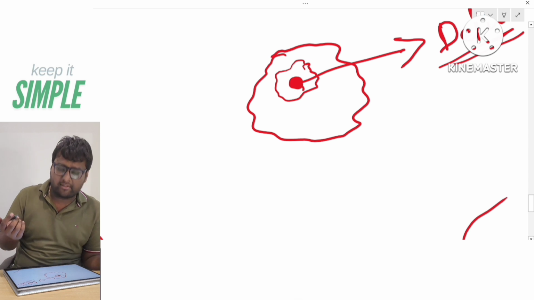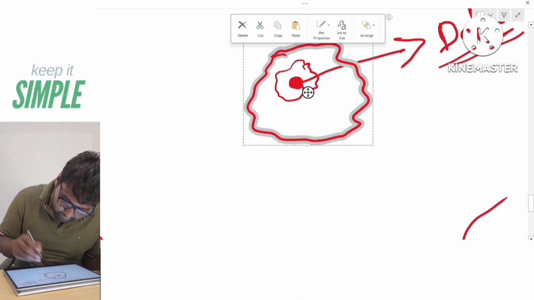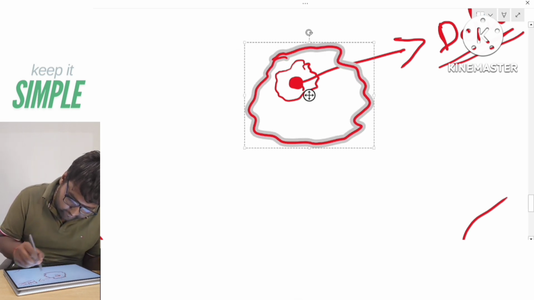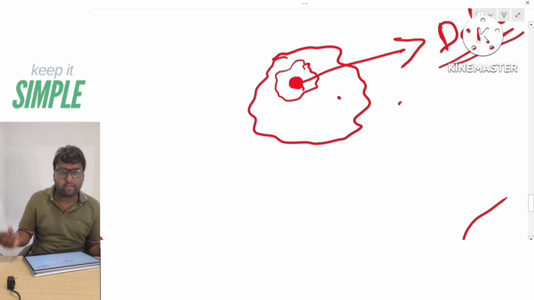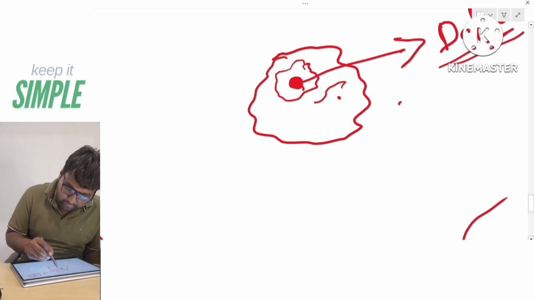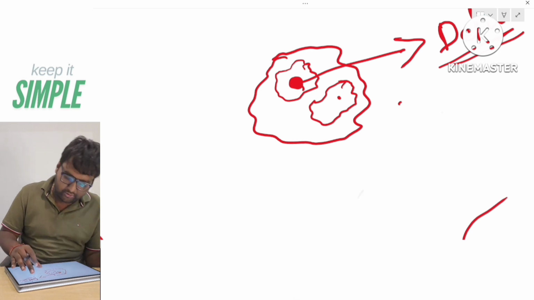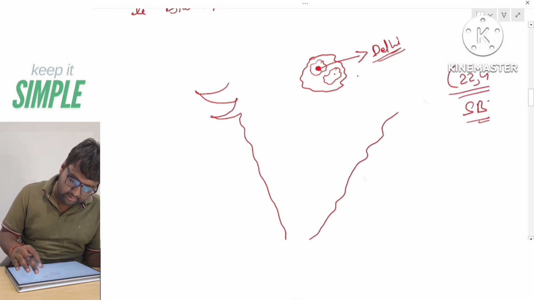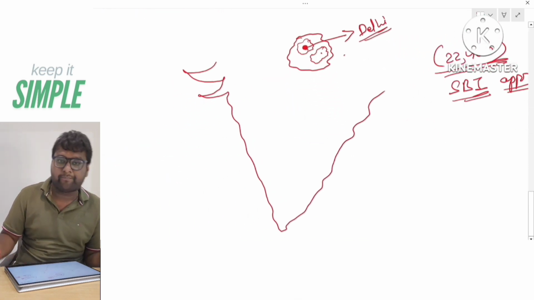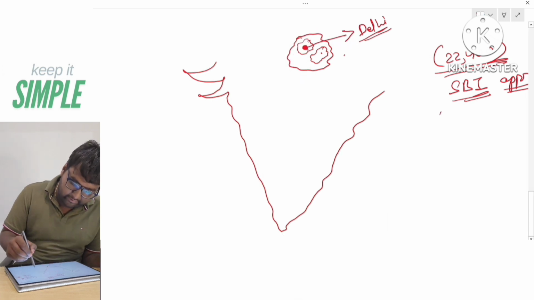So what it might have done, it might have opened one more banking unit somewhere here, so that it will serve more people covering this area.